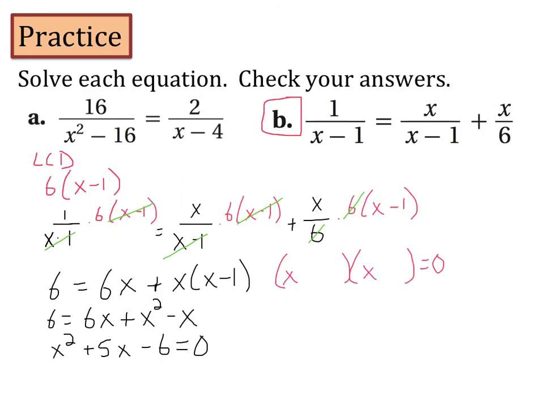I need to get 6 and 5 somehow. So what I need is a plus 6 and a minus 1. Let's solve for x. X equals negative 6 and x equals 1.